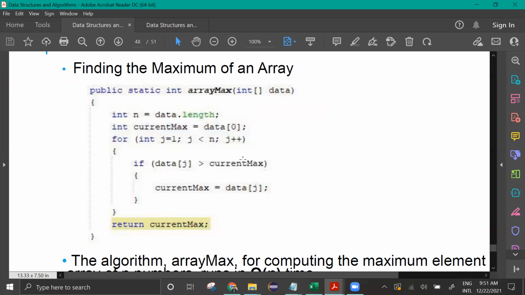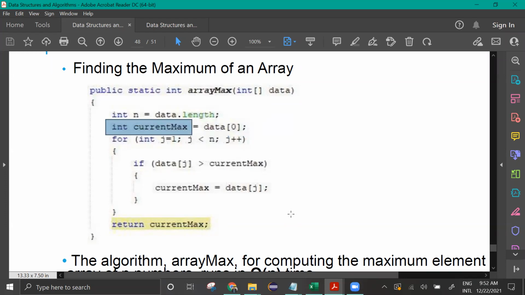We are going to find the maximum value in that array. To find that, we have a loop that goes from 1 to n, because the first value, the index 0 value of the array data, is first taken as the maximum.